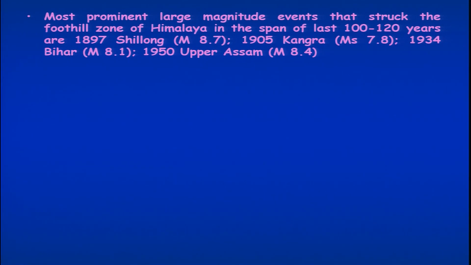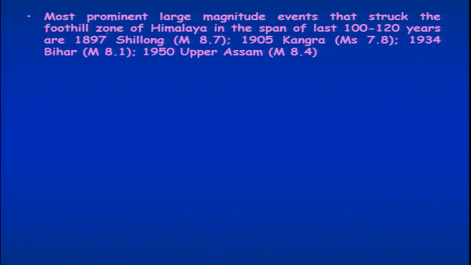Now, the most prominent large magnitude earthquakes that struck the foothill zone of the Himalaya in the span of the last 100 to 150 years are the Shillong earthquake, then the 1905 Kangra, the 1934 Bihar-Nepal earthquake, and the 1950 Upper Assam earthquake. Some scientific groups have excluded this one from the Himalayan earthquakes because it lies further south of the Himalayan belt.